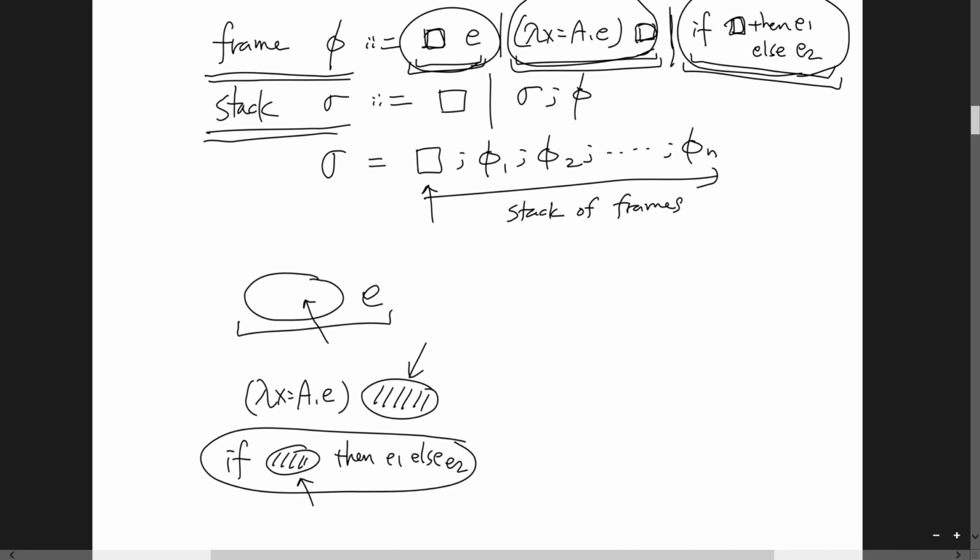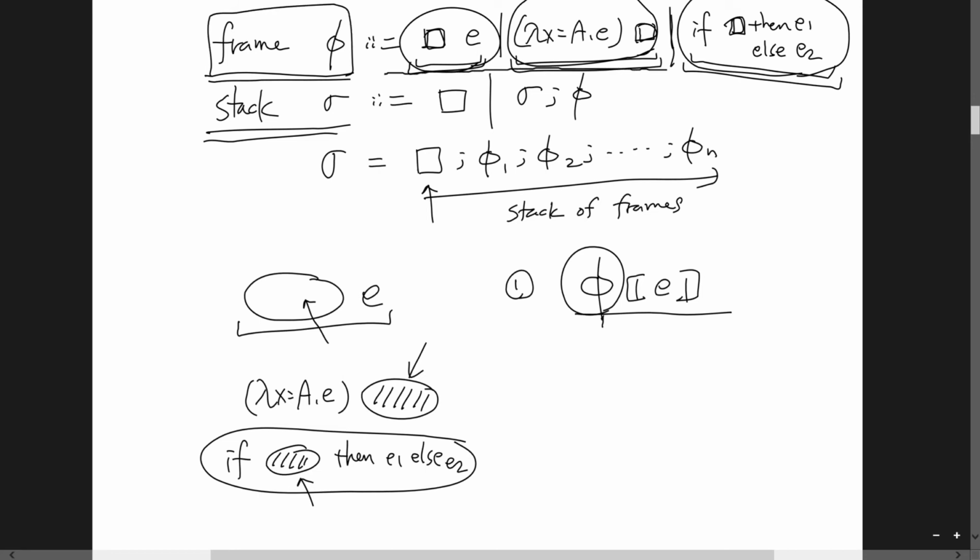So first we need this operation, frame filled with expression E. This is easy because it literally says you go to the frame phi and find the hole in it. If you look at this definition, every frame is going to have a hole in it. This one, and this one.